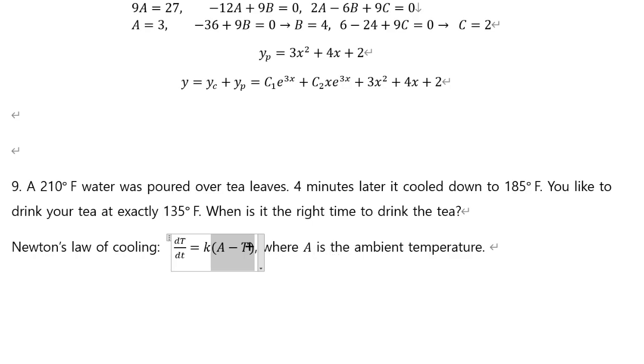But if you put some food in an oven where the ambient temperature is much higher than the food, in that case, this will be positive, and the temperature of the food will go up, right? And another thing that you realize is that the bigger the difference between the ambient temperature and the object is, the higher the rate of change would be, okay? So this Newton's law of cooling makes very much sense.